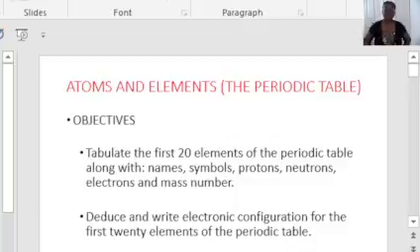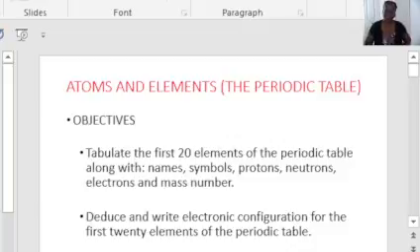Everything around us, we were taught from biology, is made up of atoms. All right. So we're going to talk about the atoms and elements of the periodic table in this lesson.